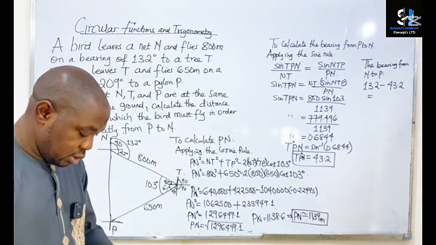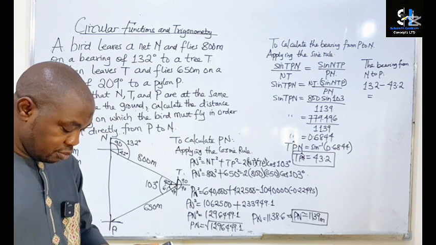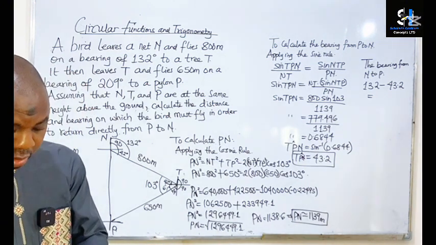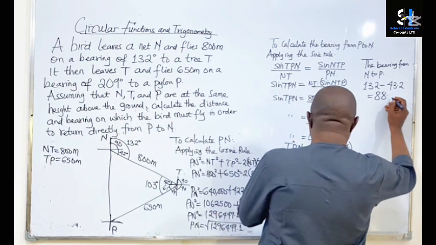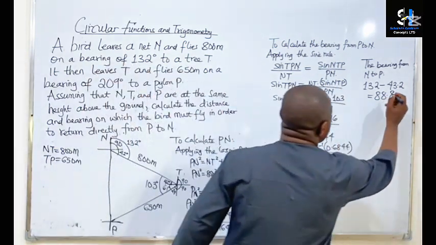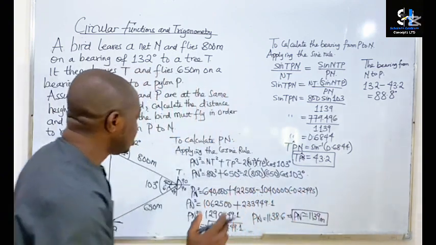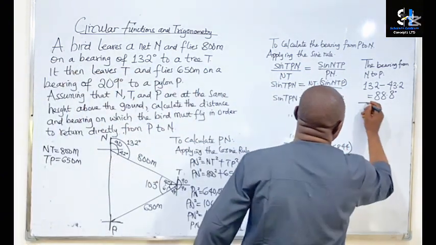So what is 132 minus 43.2? That will be 88.8. We are not there yet. But what is now the bearing from P to N?